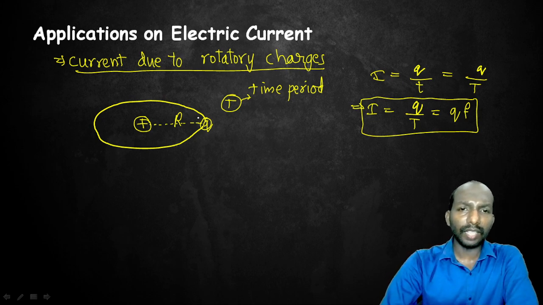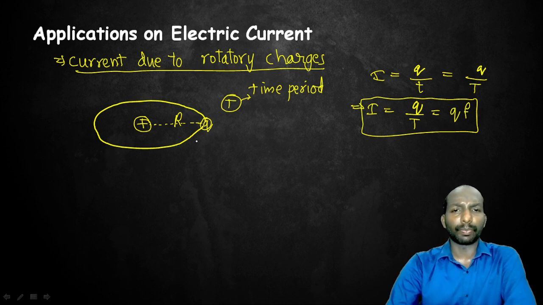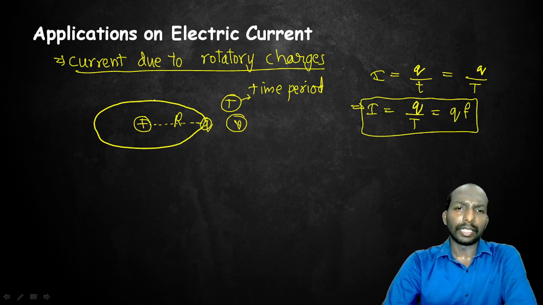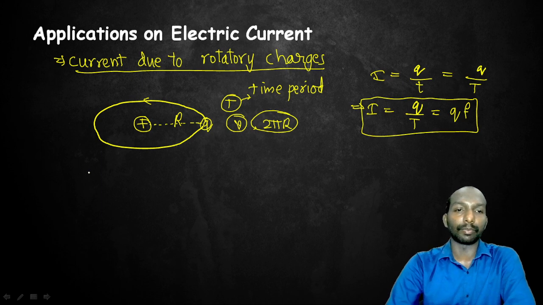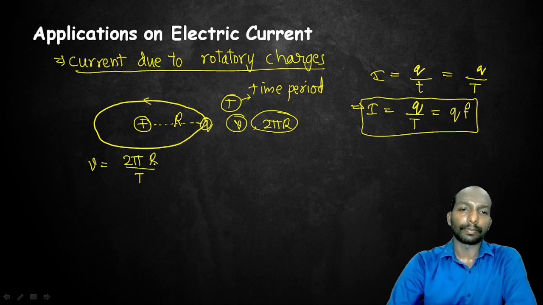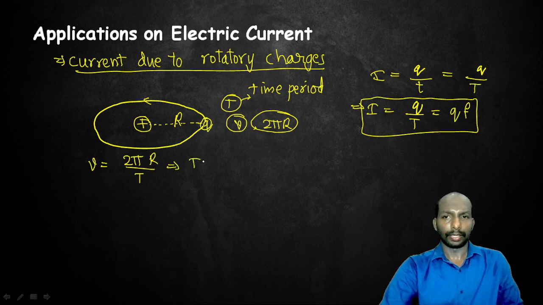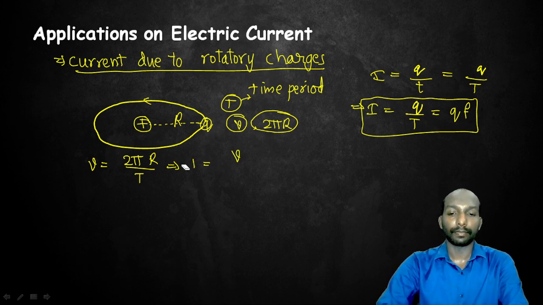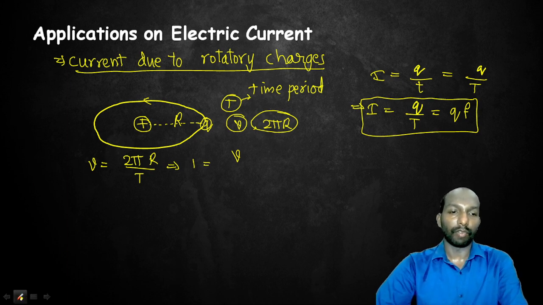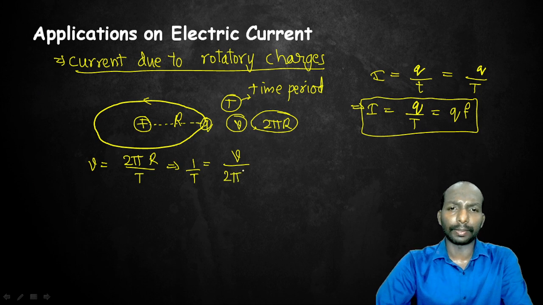For that, let us take the charge moving with speed V. With the speed V, it is traveling a distance of 2 pi r, and for that it is taking time capital T. So V equals 2 pi r by T. This gives 1 by T equals V by 2 pi r.